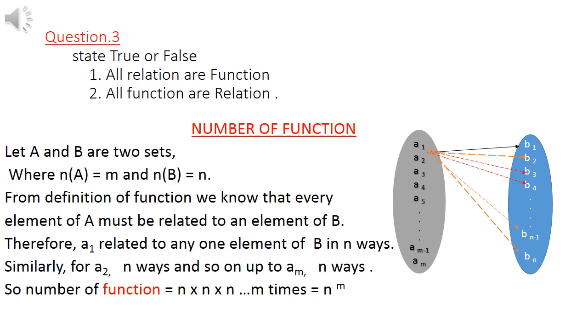In the counting principle, we know that if the first place is filled in m ways and the second place in n ways, then the number of ways is m into n. Therefore, here the number of functions is n into n into n. How many n's? m of them, because A1 can be related in n ways, A2 in n ways, Am in n ways. So the number of functions is n into n into n, m times, which is equal to n to the power m.